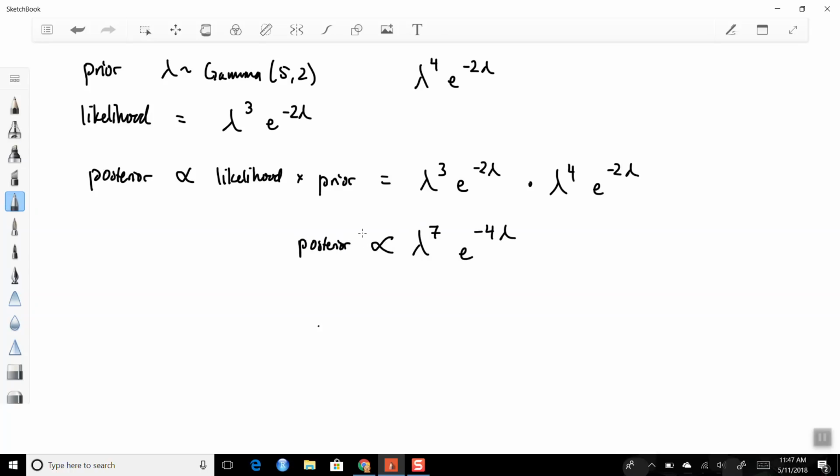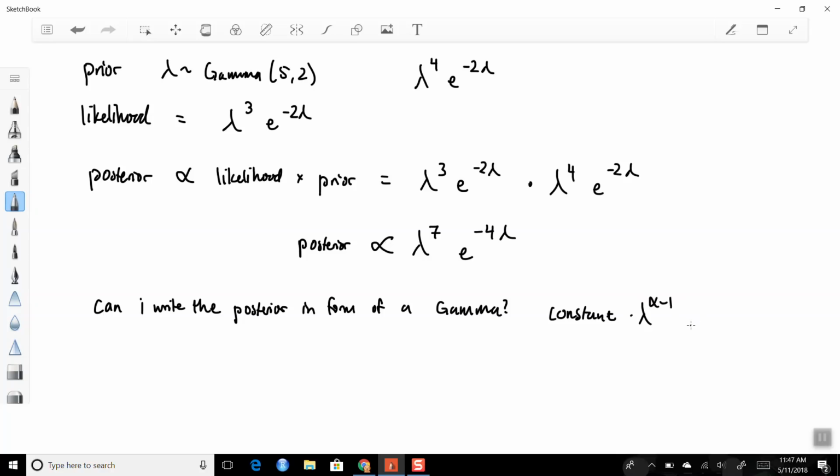Can I write the posterior in the form of a gamma? A gamma is in the form of a constant times lambda to the alpha minus 1 and e to the negative beta times lambda.